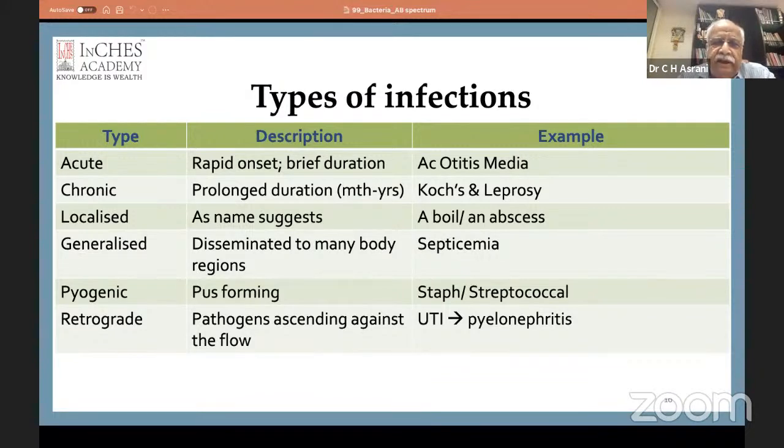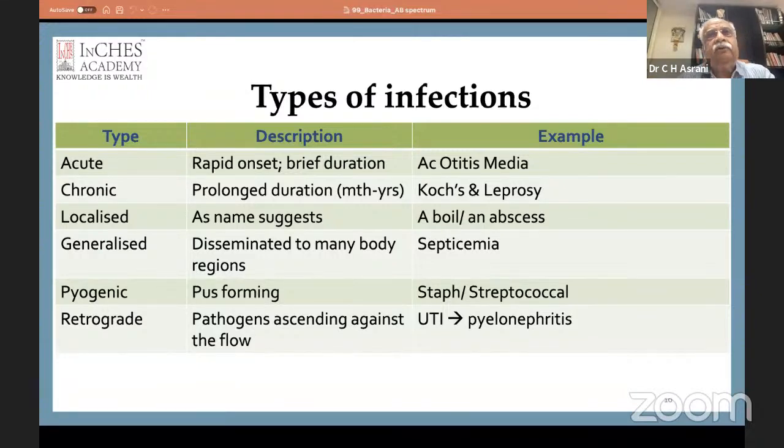Then there are acute infections, with rapid onset and brief duration, like acute otitis media. Chronic infection has prolonged duration, maybe months and years, such as tuberculosis and leprosy. Localized infection, as the name suggests, is a furuncle, a carbuncle, a boil, an abscess, an ischiorectal abscess.